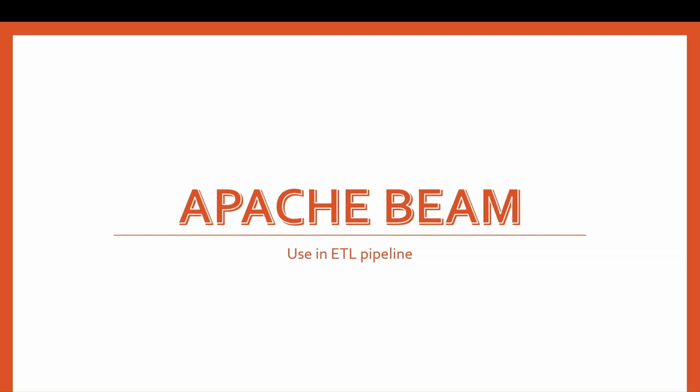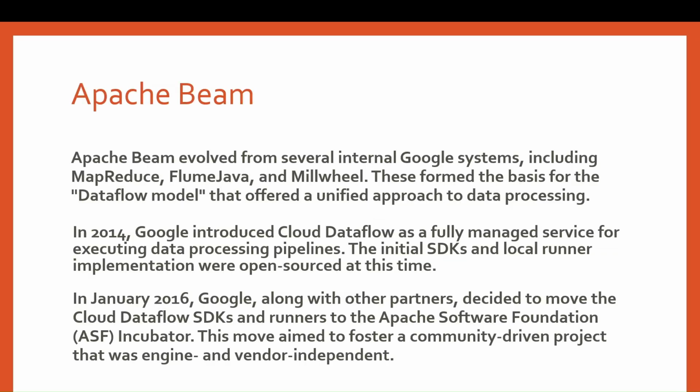Now let's talk about how Apache Beam was created. There is some story behind this. It evolved as an internal Google tool, and Apache Beam was developed along with other tools like MapReduce, FlumeJava, and Millwheel. These are tools used around Hadoop to process data, or with other internal storage services in Google.